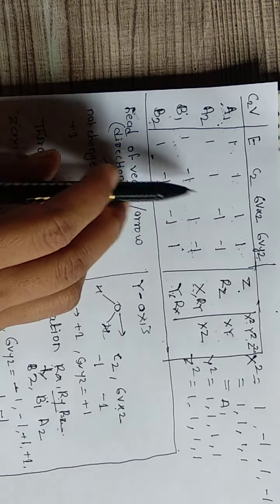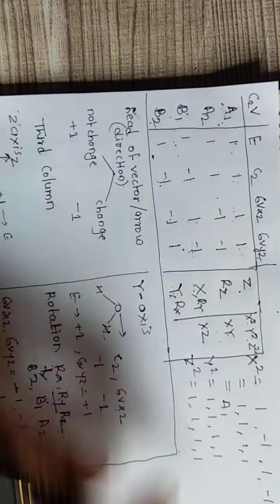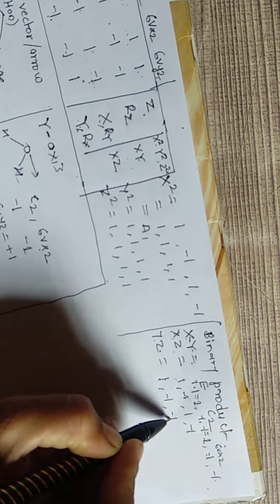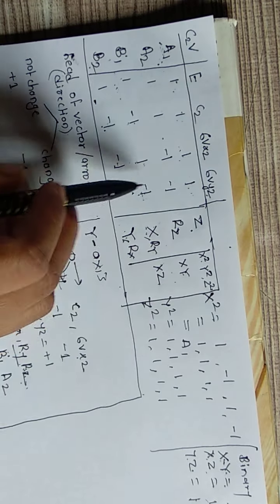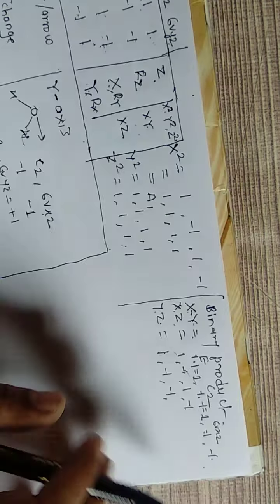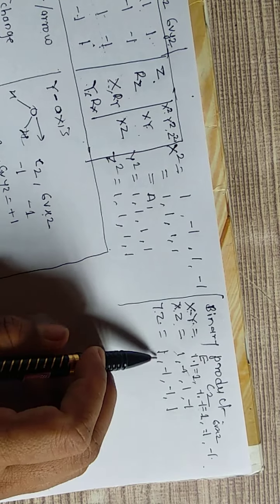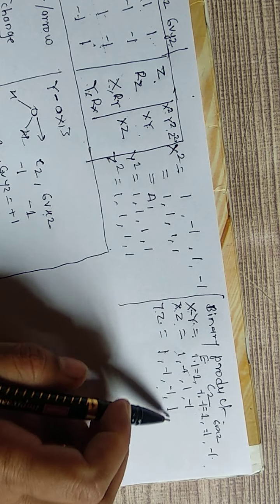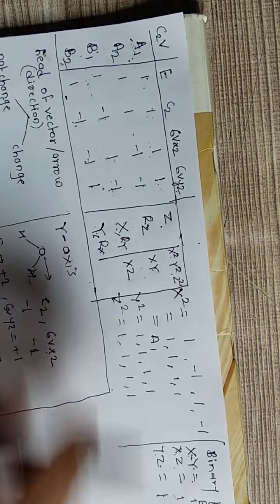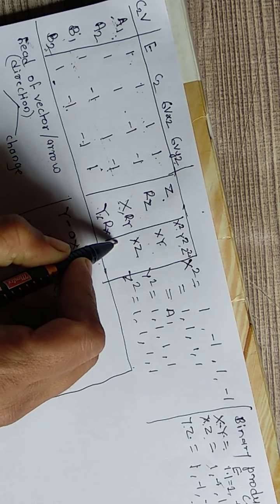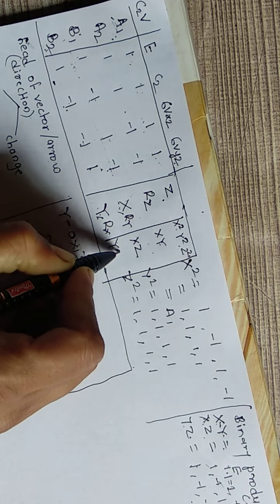Then for sigma v xz, minus 1 into 1 is minus 1. Then for sigma v yz, 1 into 1 is 1. That is, this is 1, minus 1, minus 1, 1. That is, this is B2. Means B2 has the binary product yz. Okay.